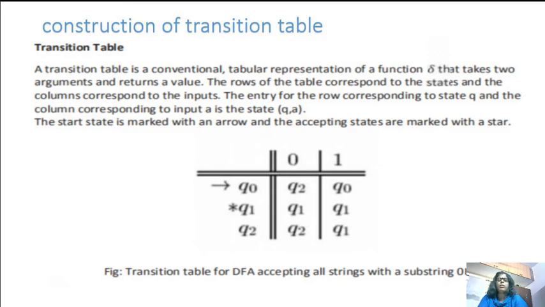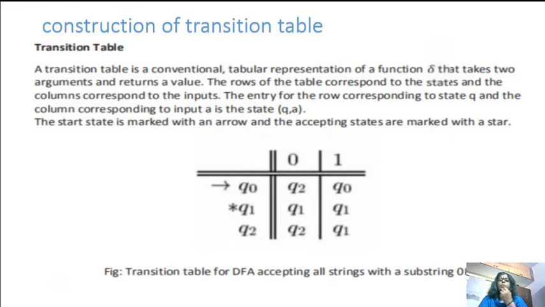In the states, the arrow mark denotes the start state and the star denotes the final state.